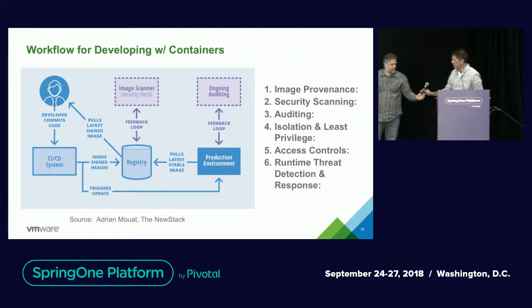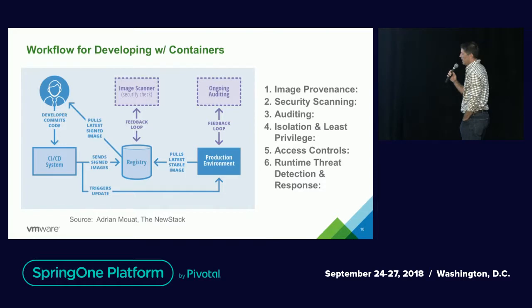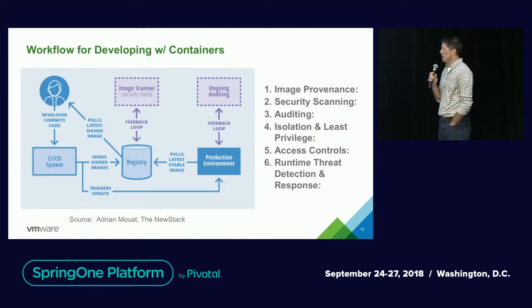So okay, thanks. We borrowed this from Adrian Mouat on The New Stack. He took the application development within containers and the automation process and came up with some ideas for applying security best practices to this. So you can see here he has six tenets.